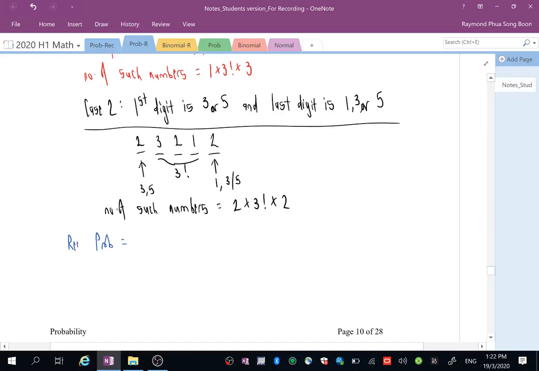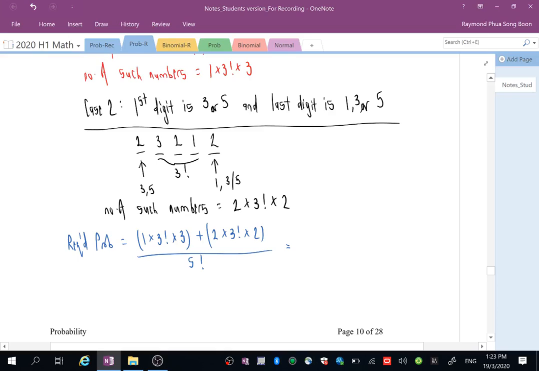Alright? Okay. So now, in total, I'm ready to work out the required probability for part 3, the probability that the number is greater than 30,000 and odd. So I just sum up the numbers from both cases in the numerator, and then divide by the total number of such numbers, which is 5 factorial.